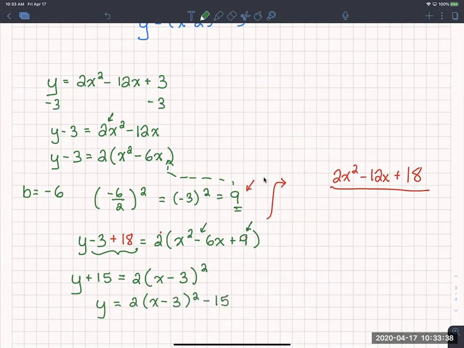There we go. It's a lot of steps, and you need to practice the skill because it is going to be important later on. Okay.